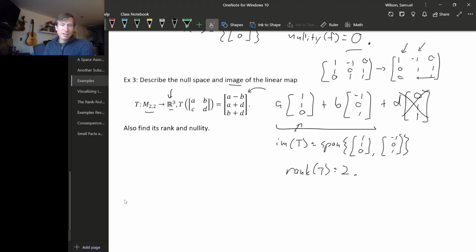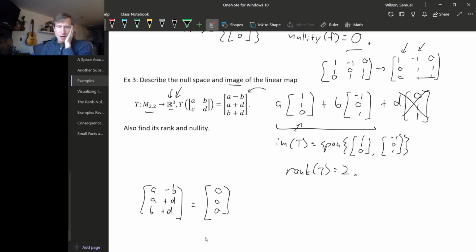All right, now for nullity, we need to know what is the null space of this. So we need to know when is the output of this function 0. So take the output of this function, a minus b, a plus d, b plus d, set this equal to 0. And by 0, I mean the 0 in this codomain space, so that's (0, 0, 0).